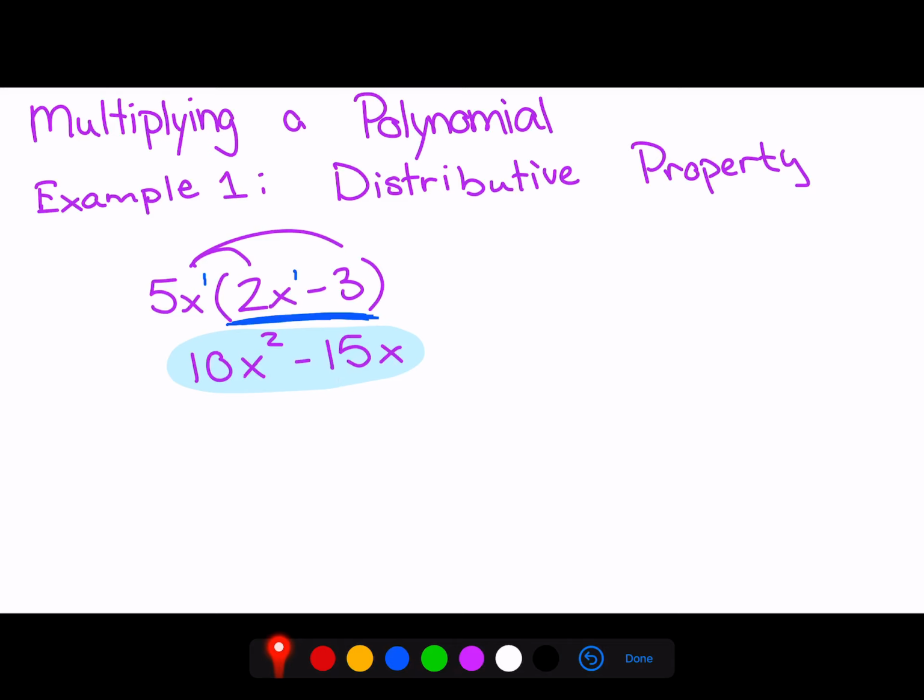X to the first times x to the 0, because again, anything raised to the 0 power is just 1, so this is the same as it not being here. Well, again, they have the same base. I add these together. 1 plus 0 gives me 1. So this leaves me with 10x squared minus 15x. And again, I'm just multiplying through the parentheses. That's all distributive property is.